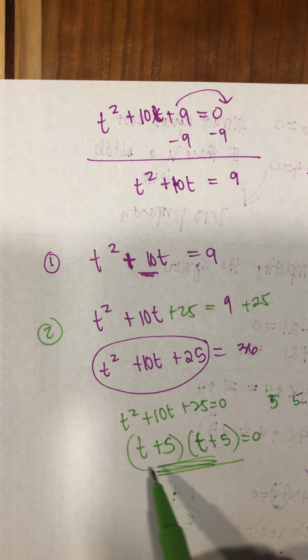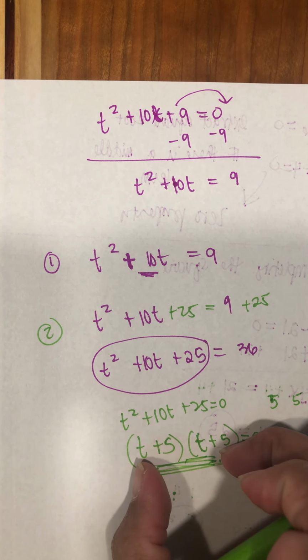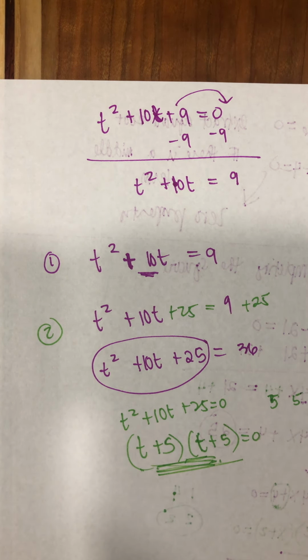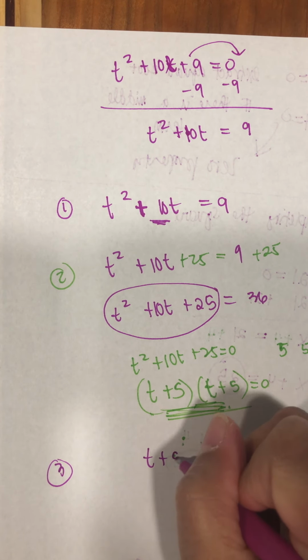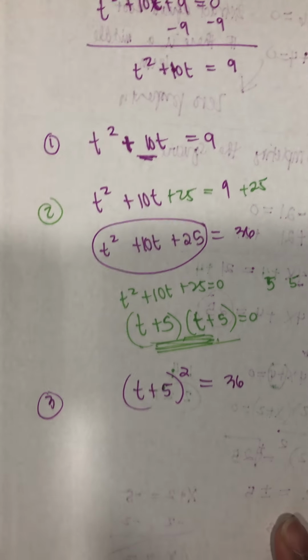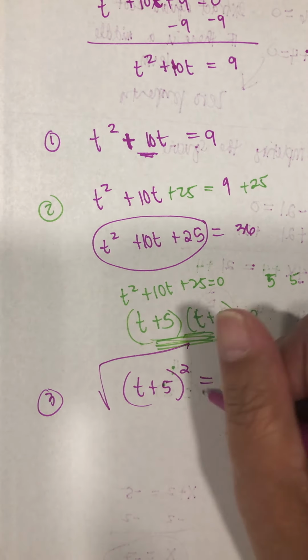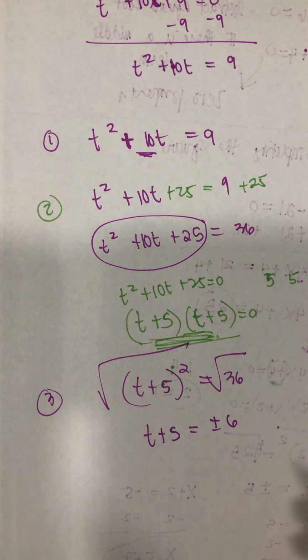The goal of this is to make these two sets of terms the same so that you can just make it a square. So now step 3, we end up with t plus 5 squared is equal to 36. Now you can extract the square root. So t plus 5 is equal to plus and minus 6.